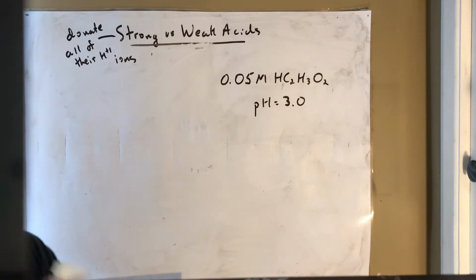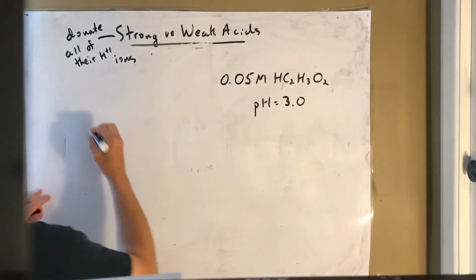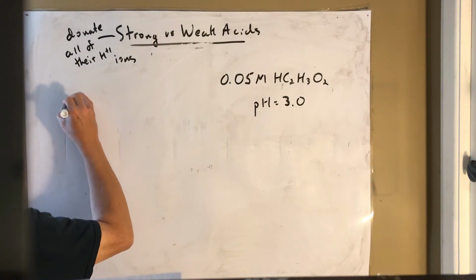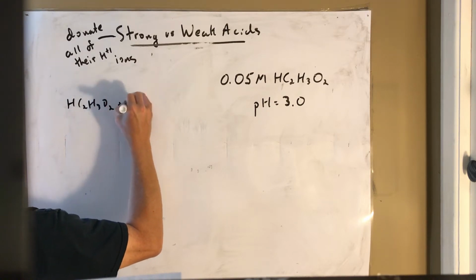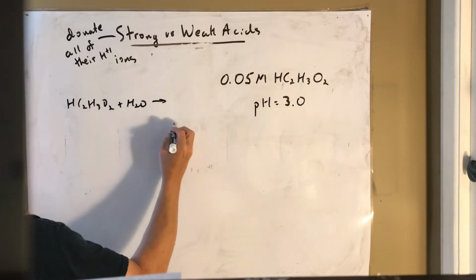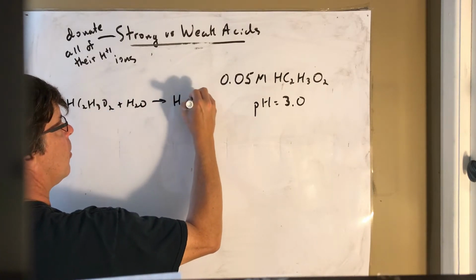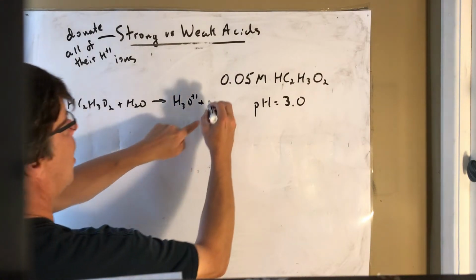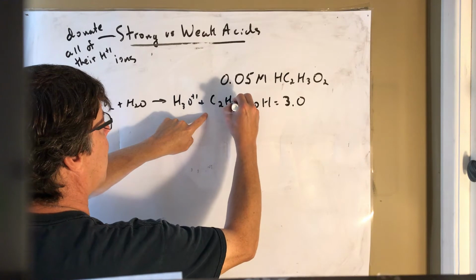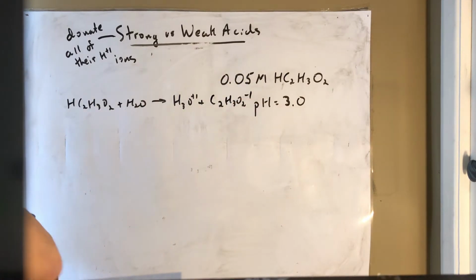So let's think about that weak acid. We're doing weak acid problems now. Let's use the Brønsted-Lowry model: acetic acid plus water, and we're going to get hydronium ions, of course. And this acid, acetic acid, its conjugate base is the acetate ion. Let me clean this up a little more.